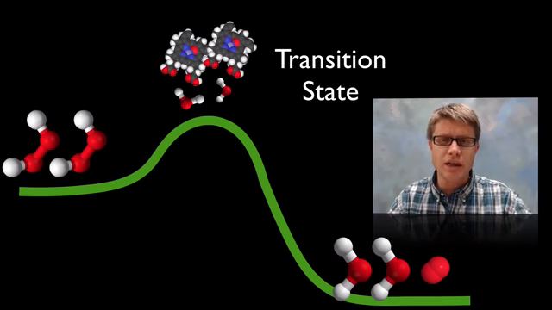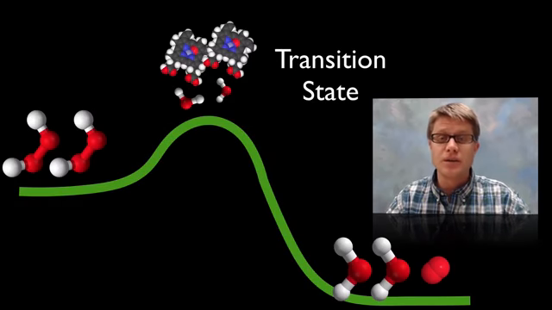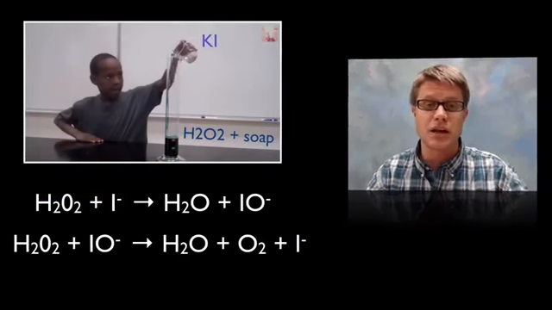So it's stressing that bond on the hydrogen peroxide, and it's stabilizing this transition state, so it's more likely to fall into just water and oxygen. Again, it's going to release energy, but if we look at the energy here, and if we look at the energy here, the net amount of energy that we're getting out is going to be the same. That catalyst is just acting to lower the activation energy.